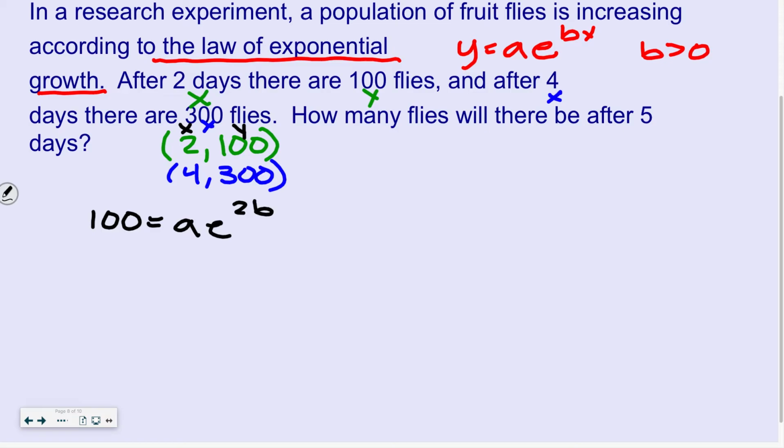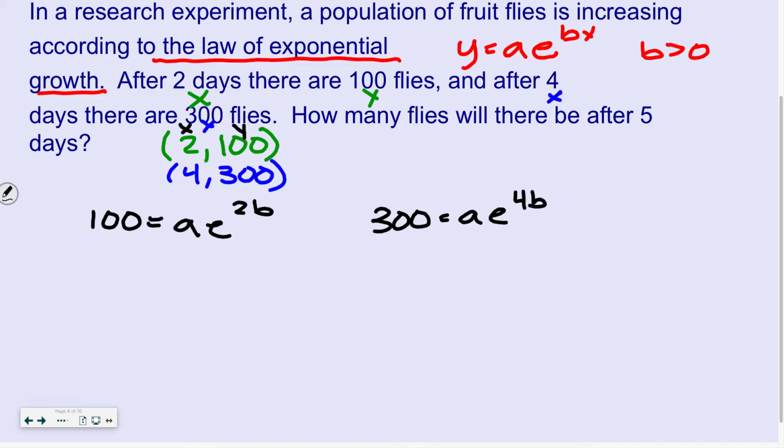If I plug in the second one, I get 300 equals A E to the B times X, which would be 4B. Because neither of those has X equal to 0, I can't evaluate anything raised to 0 as 1 and get A, my initial amount.